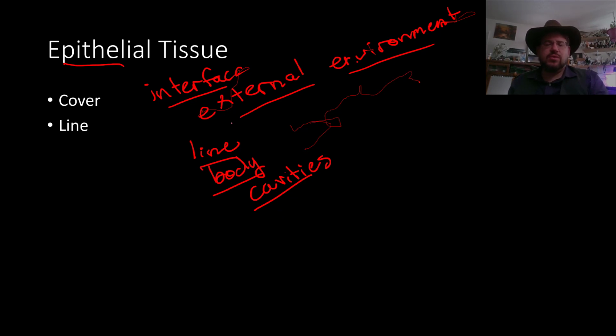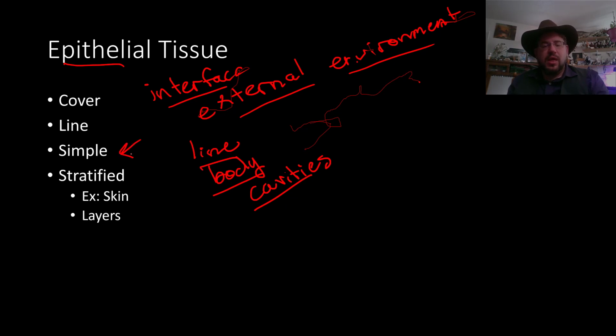So they line your body cavities. They can be very simple, and you have different types of organization for those epithelial tissues. For example, skin cells are what we call stratified tissue, epithelial tissue, which means you have multiple layers.